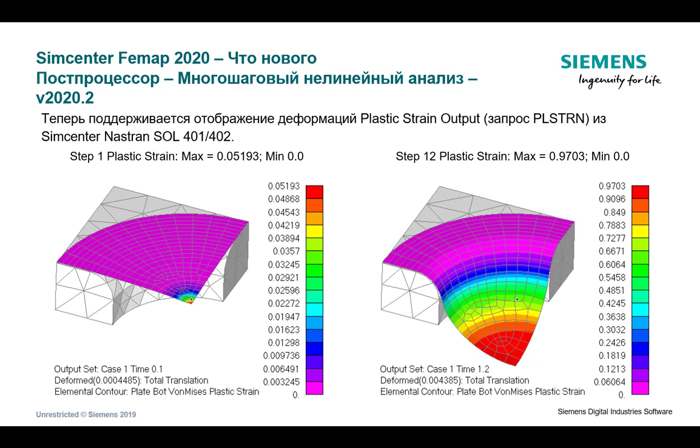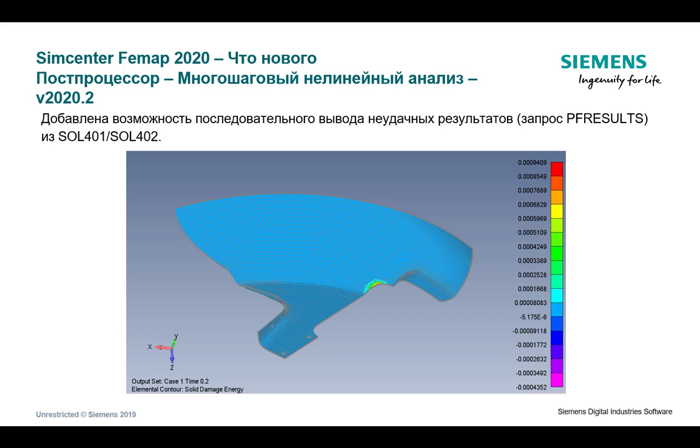For 2020.2, we expanded upon this by being able to read plastic strain output from Simcenter Nastran Solutions 401 and 402. And we also added support for progressive ply failure results, automatically requested by PF results, which are attained from Solution 401 and Solution 402.